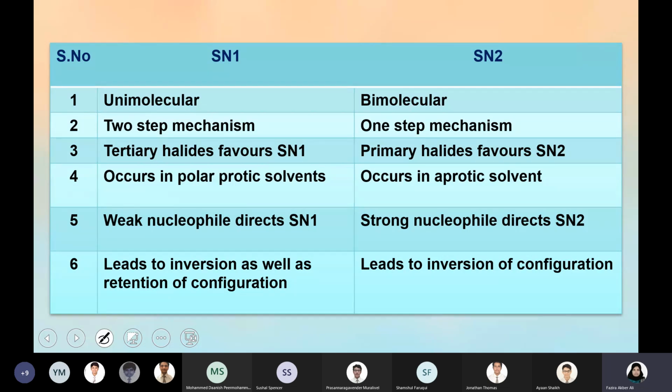SN1 is more feasible in polar protic solvent, the other one in polar aprotic solvent. A weak nucleophile directs SN1 and a strong nucleophile directs SN2. In SN1 you get both inversion as well as retention, which forms a racemic mixture, and in SN2 you get only inversion, the product with inverted configuration.